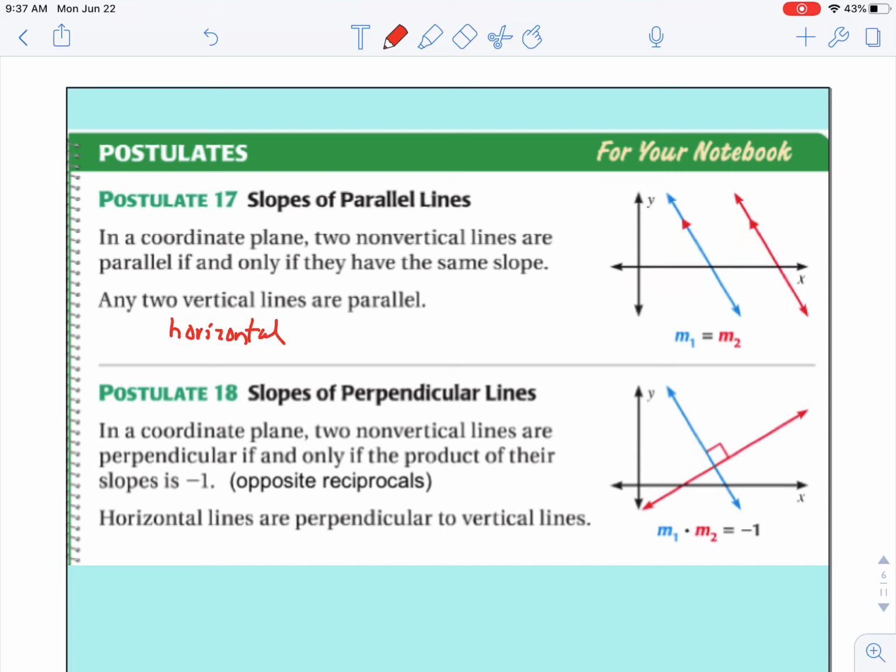So parallel lines have the same slope. Postulate 18 says in a coordinate plane, two non-vertical lines are perpendicular if and only if the product of their slopes is -1. That means the slopes will be opposite reciprocals of each other. Horizontal lines will be perpendicular to vertical lines.